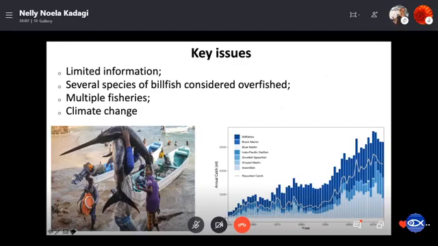And so apart from just being overfished, there are these multiple competing needs. As I said, one looks at billfish for fun, the other looks at billfish as a source of food, and the other looks at billfish from a large scale perspective of making income.